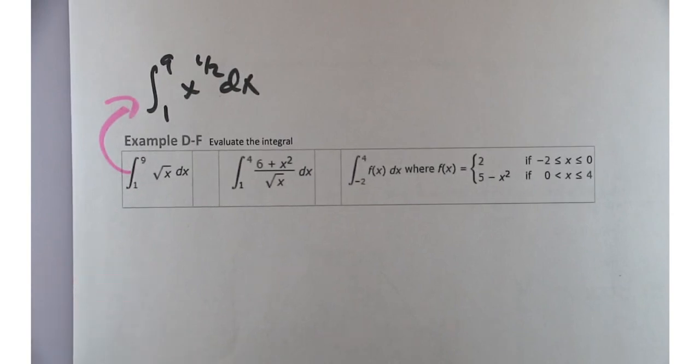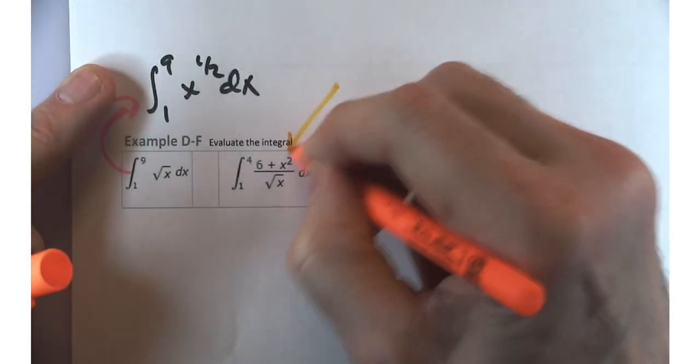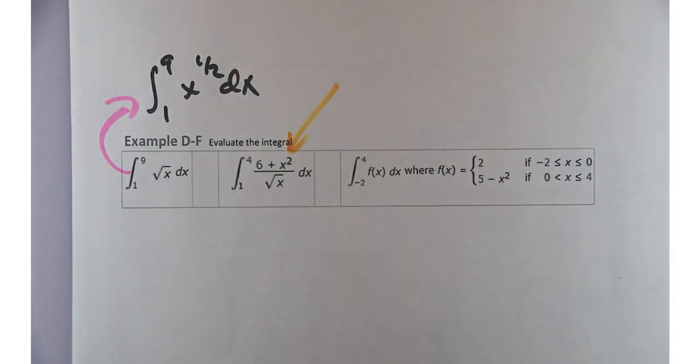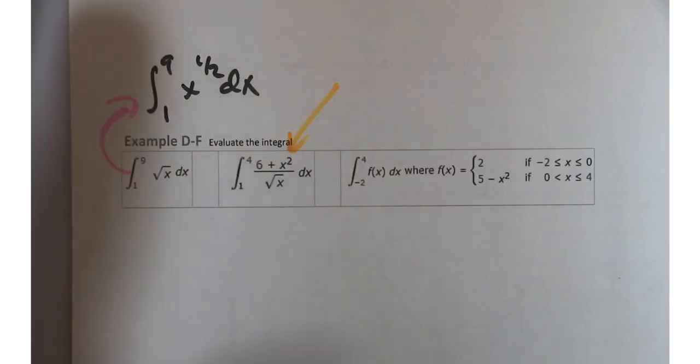Now, a quick little note here for us. When you're finding the antiderivative, there's no quotient rule. I can't use a quotient rule to find the antiderivative. There's no analog of the quotient rule for antiderivatives.